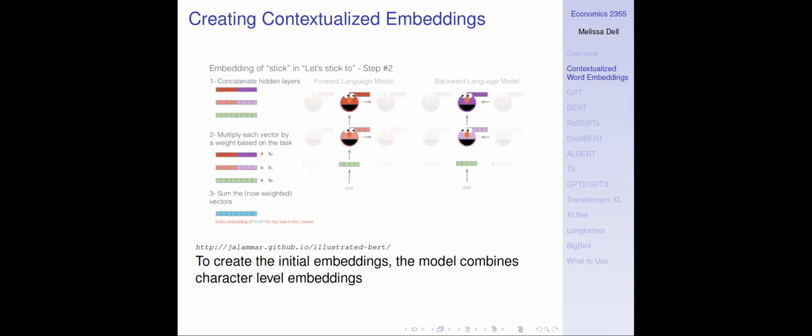There are also other details to this. To create those initial embeddings, it's a little bit different than what we've seen so far, where you just take a word and look it up in a lookup table to get the embedding. ELMo uses something called character-level embeddings, and it's kind of involved, so we're not going to talk about that, but just note that there are other things that are different about this, like how it embeds the words to start with to get those green vectors.